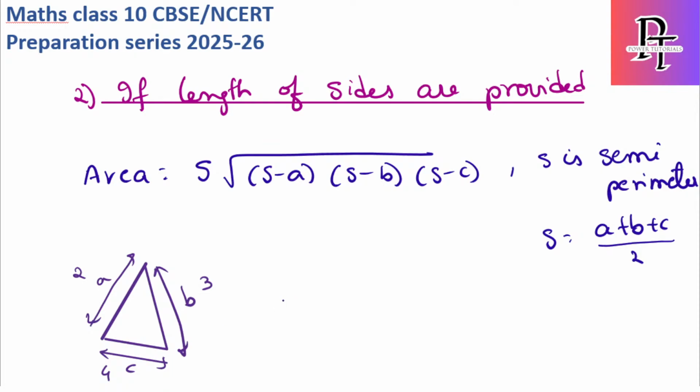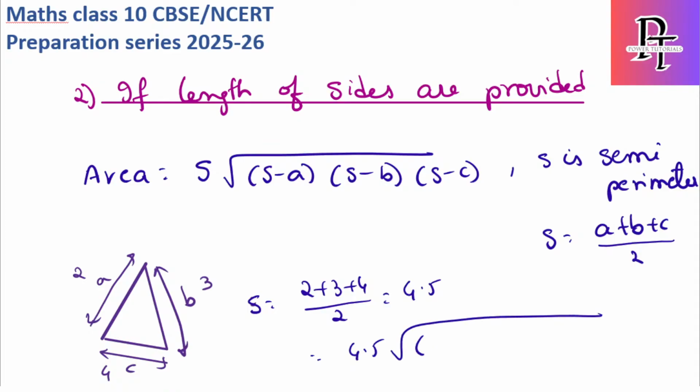So what is the area of the triangle? First we need to find the S value. S is equal to 2 plus 3 plus 4 by 2, which is 9 by 2 or 4.5. Now the formula becomes 4.5 into 4.5 minus 2, which is 2.5, 4.5 minus 3, which is 1.5, and 4.5 minus 4, which is 0.5. If we solve this, we'll get the area of a triangle which has sides 2, 3 and 4.